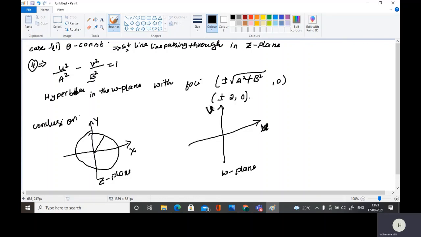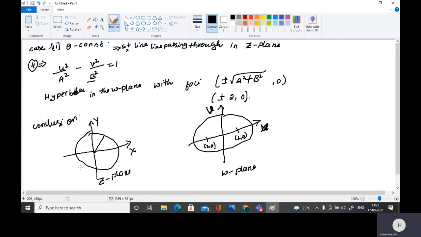For the circle we got an ellipse. The image of the circle is an ellipse with foci 2, 0 and minus 2, 0.